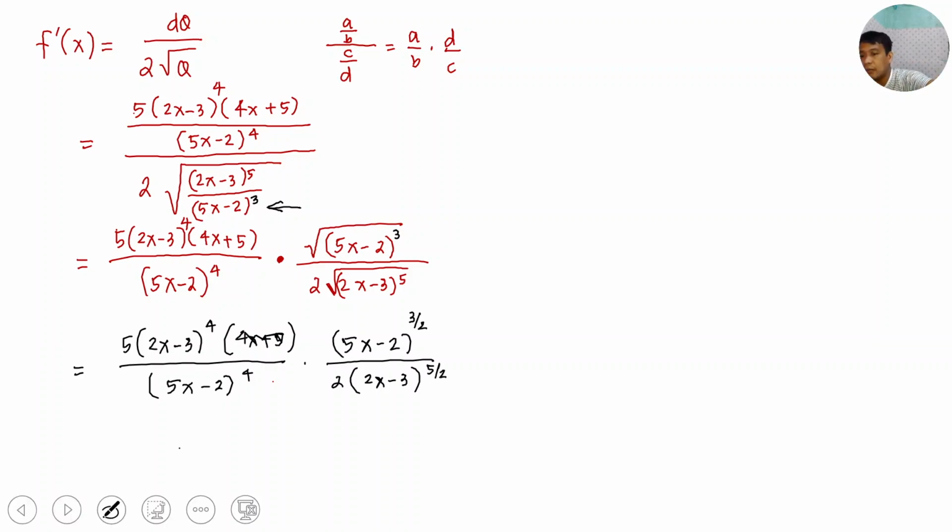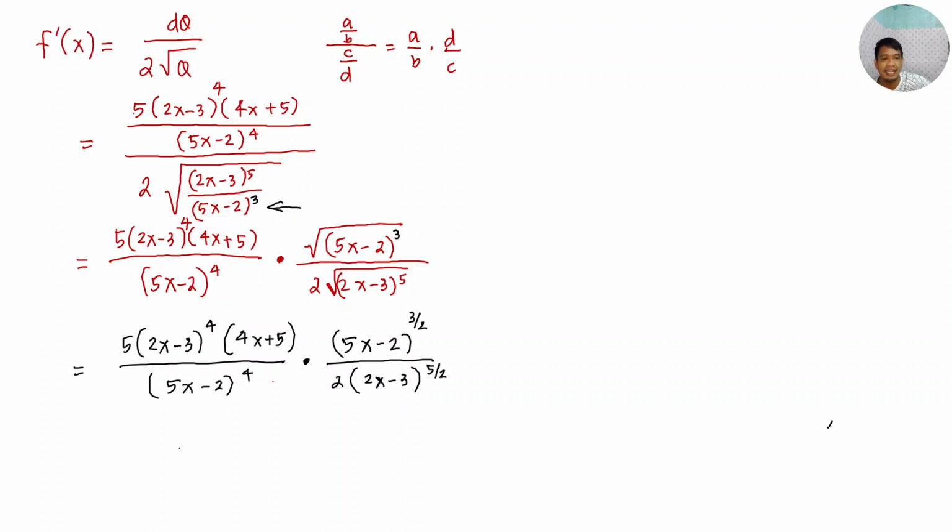So, pwede na tayong mag-combine ng like terms. 4x plus 5 yun. Okay, i-write natin. So, this 2x minus 3 to the fourth and 2x minus 3 to the 5 halves, magsusubtract lang tayo ng exponent. So, that is 4 minus 5 halves. That is 3 halves.